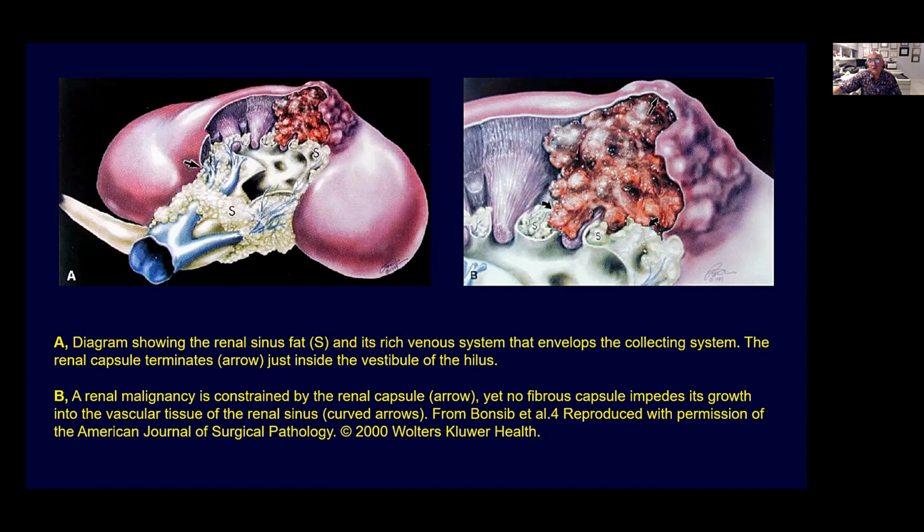So I don't want to have discrepancy between what is said in the gross examination and the microscopic description. So I need to edit in those cases the gross examination, this kind of more definitive statements, and make them with the word suggestive or something like that. Because if you say that there's invasion through the capsule and the microscopic description doesn't show it, then the clinician is going to get confused because they say, well, how come in the gross you're saying that there is invasion, but in the microscopic there is no invasion.